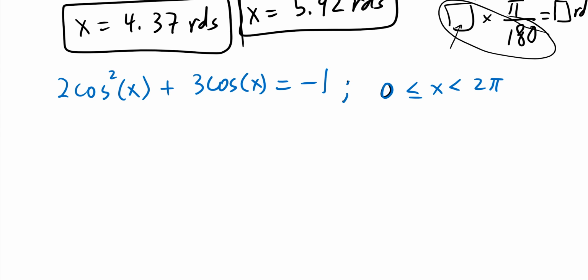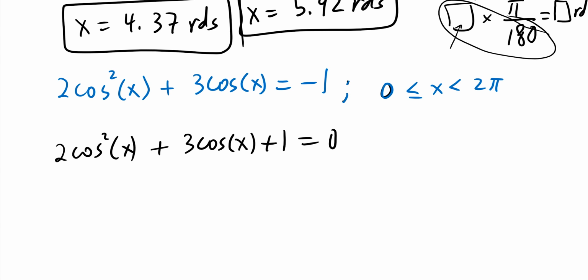If we have a quadratic, we always bring everything to one side and make sure we set it equal to 0. So 2 cosine squared x plus 3 cosine x plus 1 equals 0. And what we need to do here is factor this quadratic.